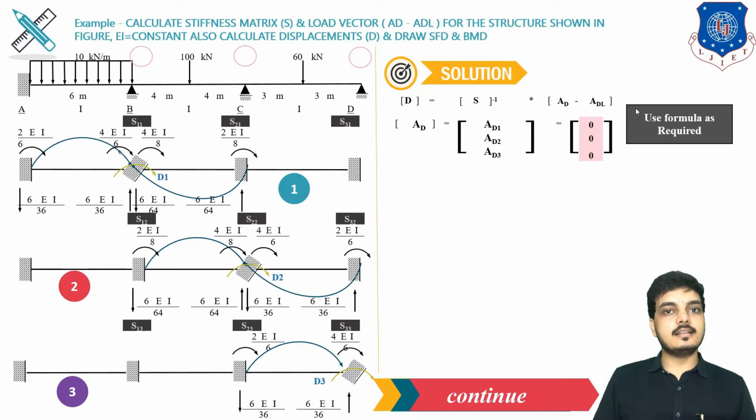AD is nothing but the action given in the actual structure. Mark that if my unknowns are theta B, theta C and theta D at positions B, C and D respectively, then for theta I have to check the moment at B, C and D, whether any external moment is given in the actual structure.